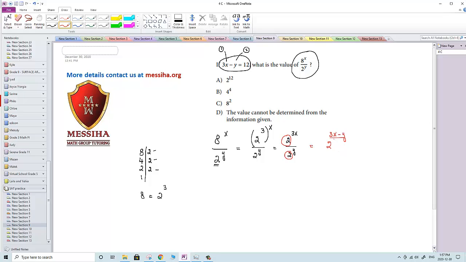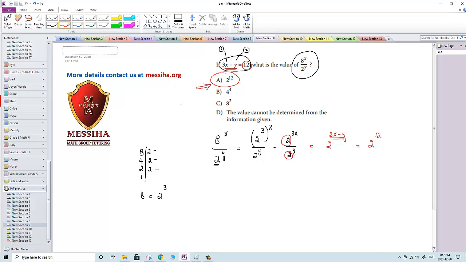However, this 3x minus y I have already. If 3x minus y equals 12, I have that. So I replace 3x minus y by 12. So 2 to the power of 12 is my right answer.